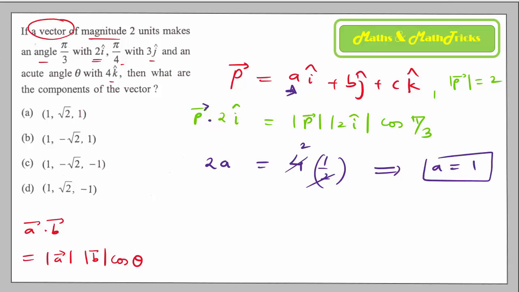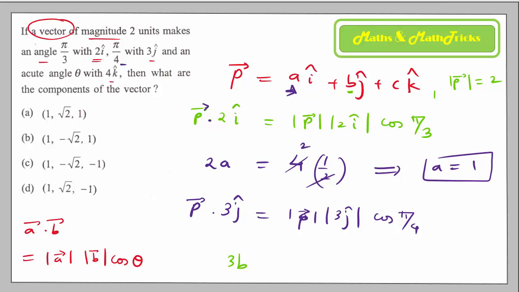Same way, if you handle the second situation where they say pi by 4 is the angle with the 3j cap, that is vector p making angle pi by 4 with the 3j cap. So it is magnitude of p into magnitude of 3j cap and cosine of the angle between them, which is pi by 4 this time. So what do you get? P dot 3j cap. Here only the component b dot 3j will give you the answer 3b.